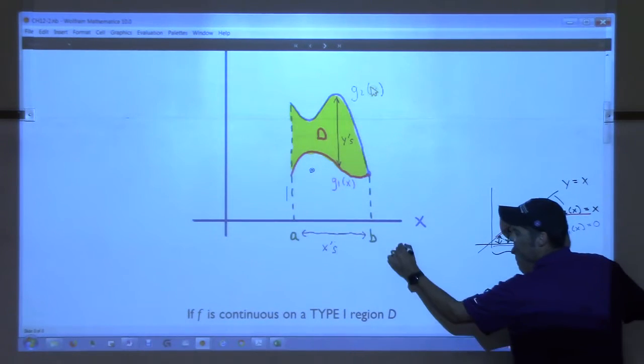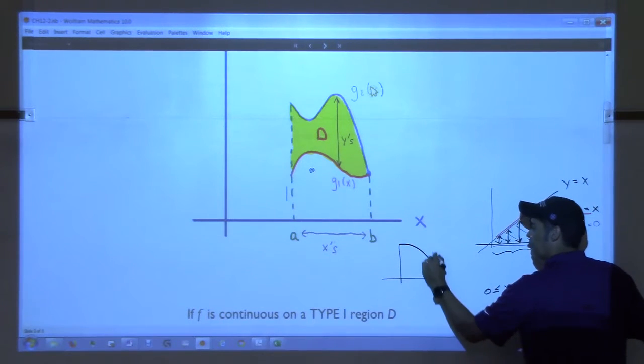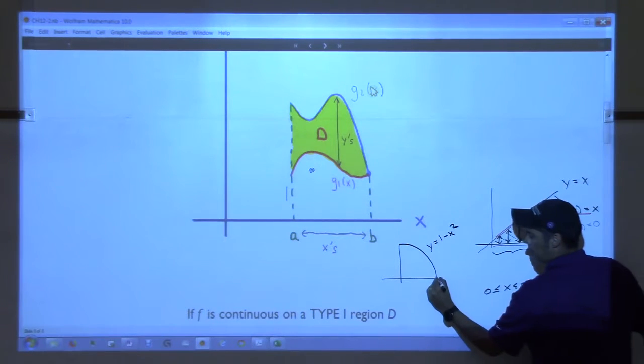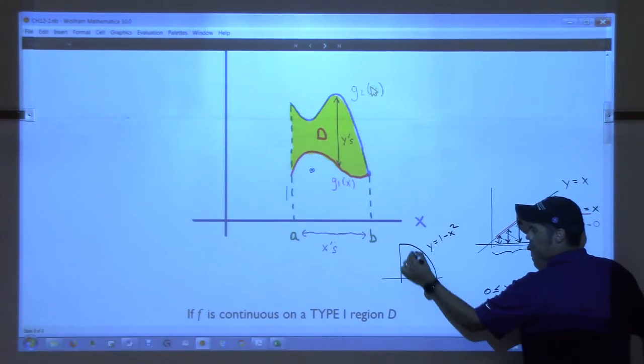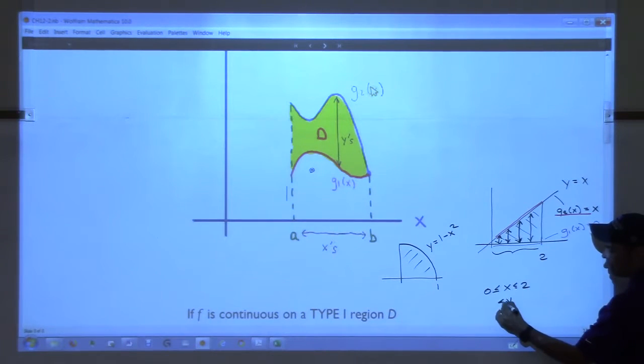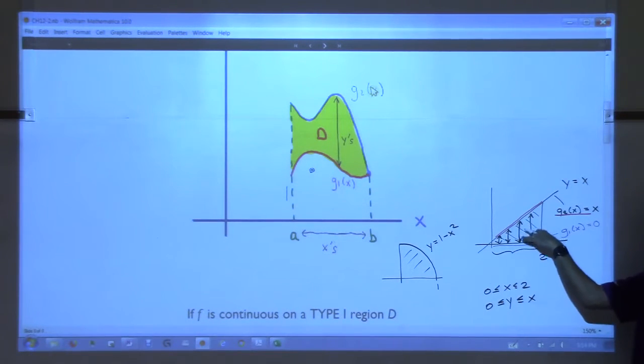Another example. That's a type 1 region. Because your x's are between what? Oh, I forgot to put what your y's were between here. y was between 0 and x, right? x between 0 and 2, y is between 0 and x.